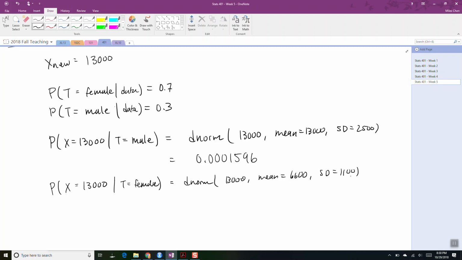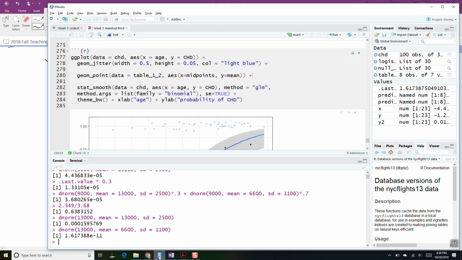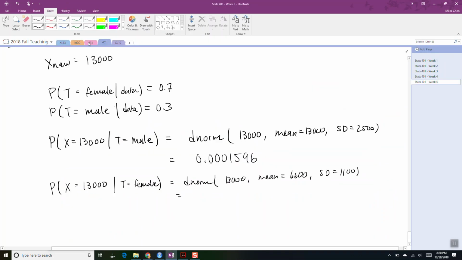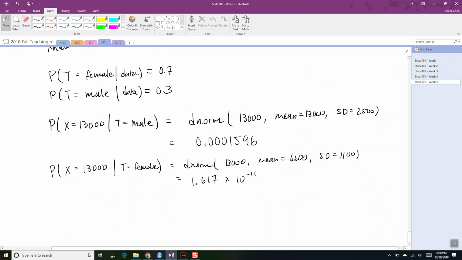Yeah, we're 5.8 standard deviations away, which is a ridiculous number of standard deviations to be away. But let's just see what R has to say about this. We say the mean is 6,600 and the standard deviation is 1,100. Okay, so it's on the order of 10 to the negative 11, 1.617 times 10 to the negative 11, which is practically 0. It's not 0, but it's practically 0.